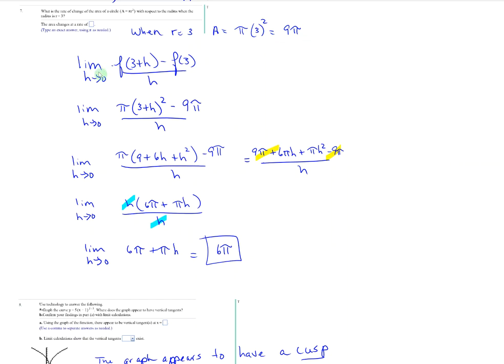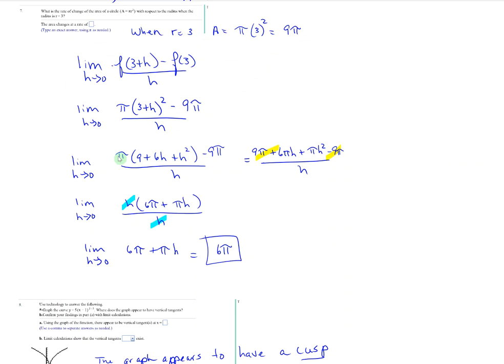So we're taking the limit as h approaches 0, f of 3 plus h minus f of 3 all over h. And it's pi r squared is the formula we're using. So we've got pi times 3 plus h squared minus this one, which is 9 pi, over h. Expand this, you get 9 plus 6h plus h squared.